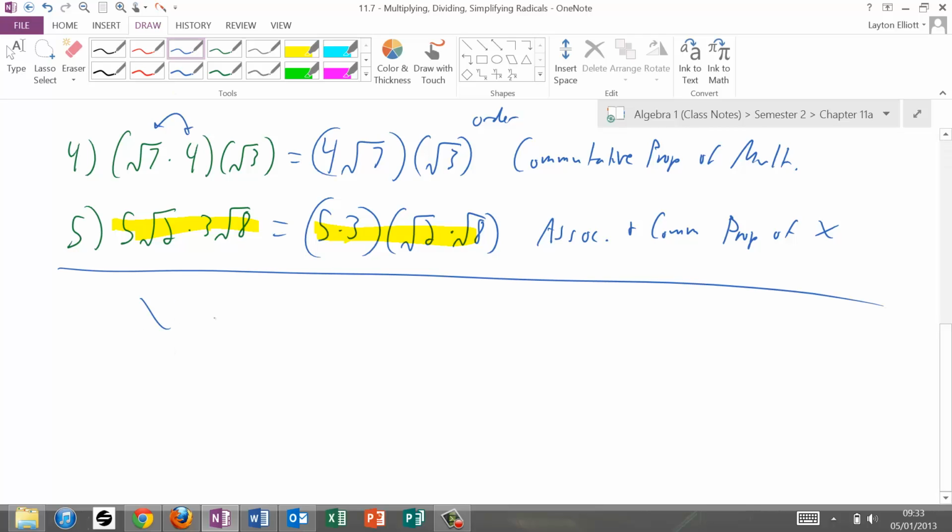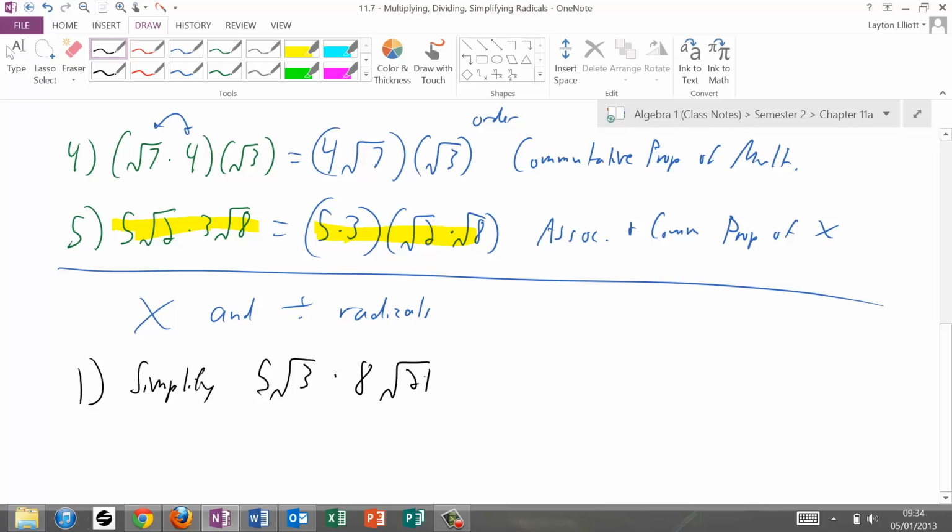So let's go back to multiplying and dividing radicals, which is what the topic is all about. We're just going to do some examples here. Number 1 of our new examples is to simplify 5 radical 3 times 8 radical 21.